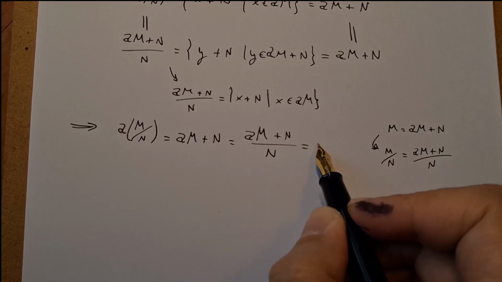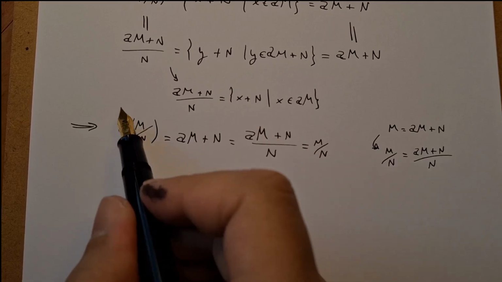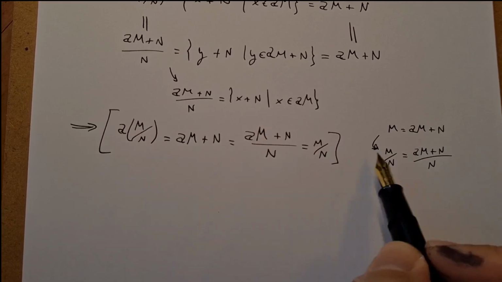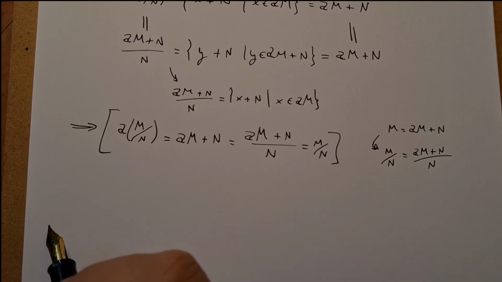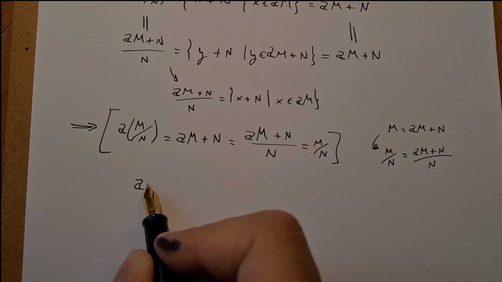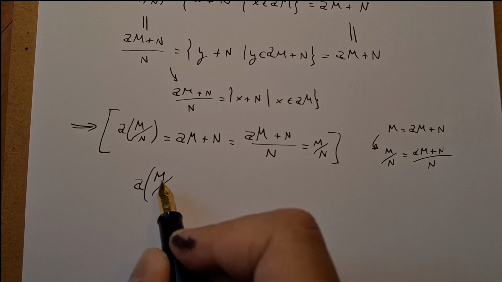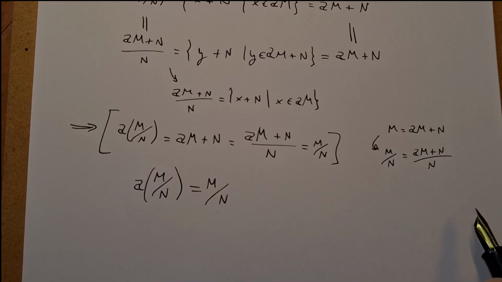So this is also M divided by N. This is like the TLDR of the entire thing. So what we have is that A multiplied by this quotient equals the quotient itself.